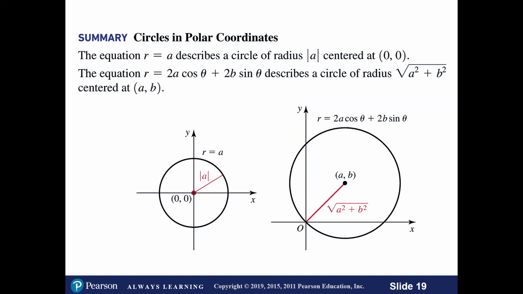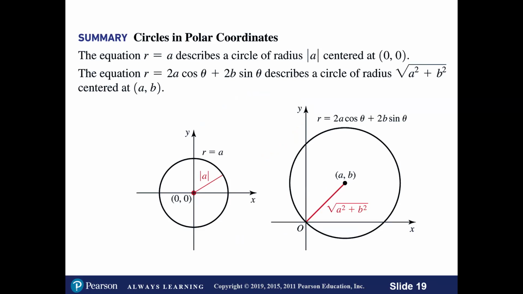Okay, so circles in polar coordinates, let's generalize that. The equation r equals a is a circle of radius absolute value of a centered at the origin, 0, 0. If we want to center it elsewhere, the equation r equals 2a cos theta plus 2b sine theta is a circle of radius square root of a squared plus b squared centered at a, b.